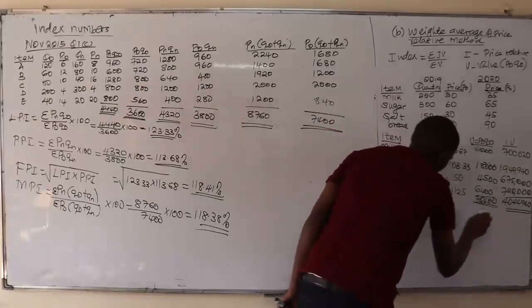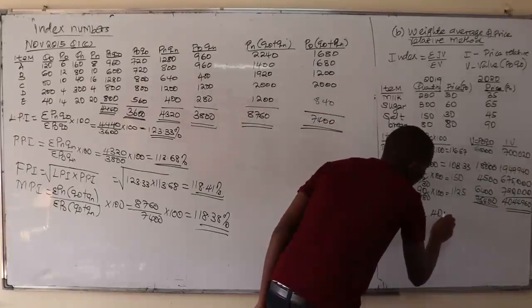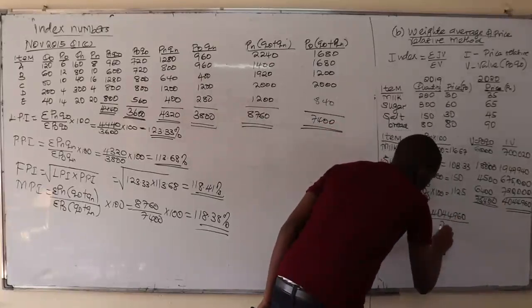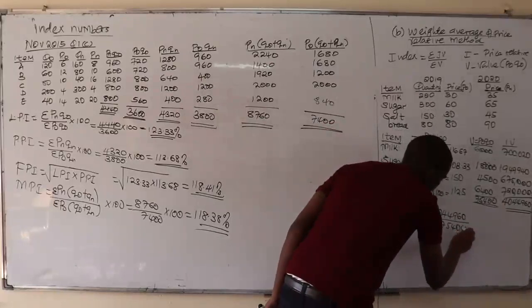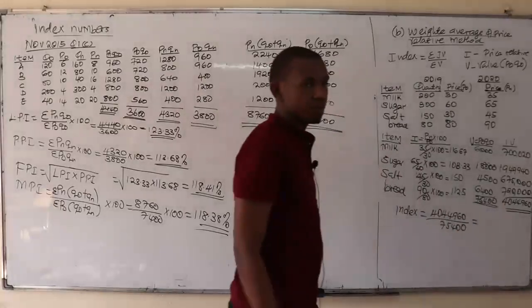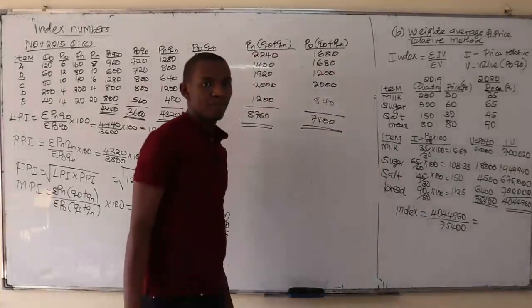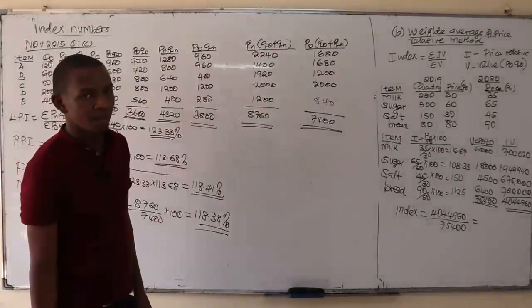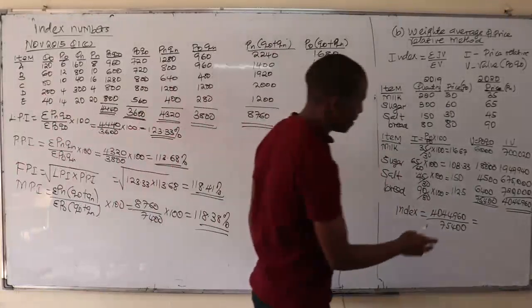So in that case, it means that this will be 44,960 divide by 75,400. So inakupea ngapi? Umepata ngapi? Yeah, ni ngapi?